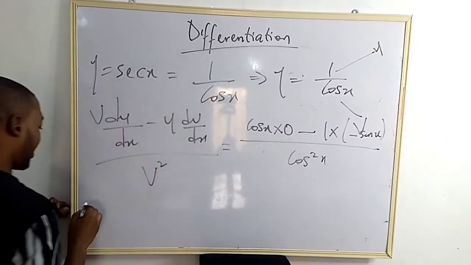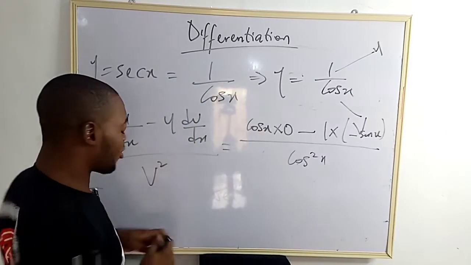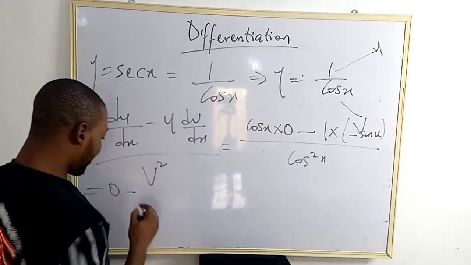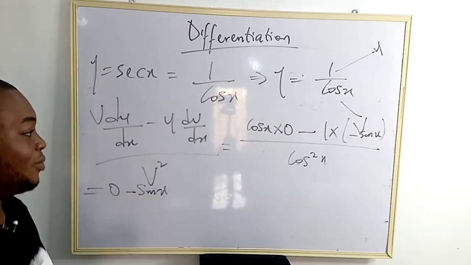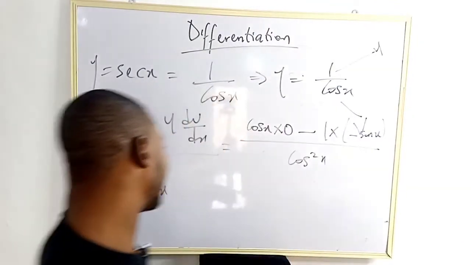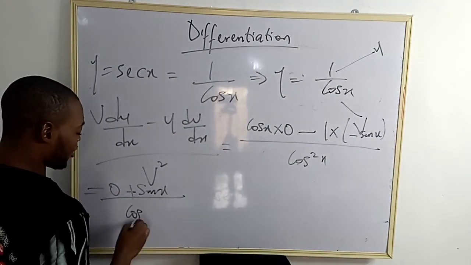So from what we have there, this is equal to cos x multiplied by 0, that's 0. So we have 0 minus 1 times minus sine x, that's minus sine x. So it will be 0 minus minus sine x, that's plus, all over cos square x.